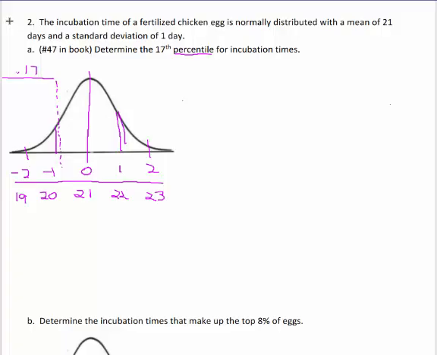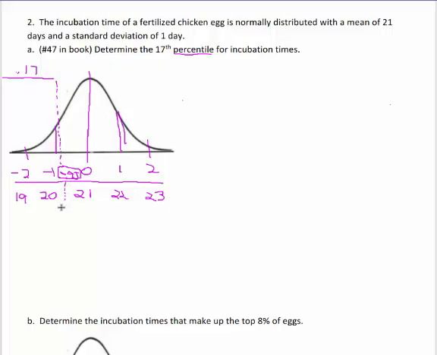And so get as close to 17 as possible. Okay, I got it. It's -0.95 and that's 0.1711, and I think that's as close as we can get. So my z-score is -0.95. And I did put the line in the correct spot because it would be just inside the -1.